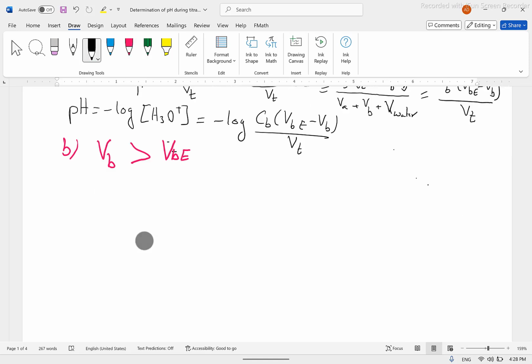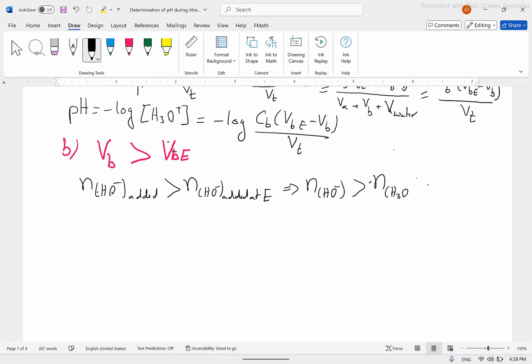In this case, the number of moles of HO- added is greater than the number of moles of HO- added at equivalence, and therefore the number of moles of HO- added is greater than the number of moles of H3O+ introduced in the beaker, which means the ratio of HO-, which is nHO- over 1, is greater than the ratio of H3O+, which is nH3O+ over 1.